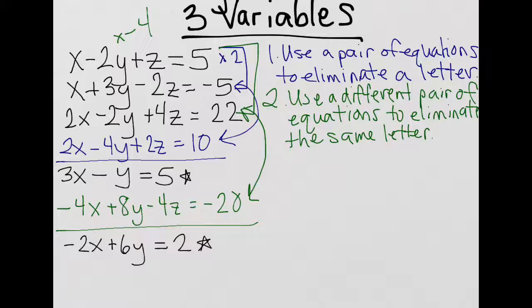So now, as you can see, we've got just these two equations, and it's now a system of two equations which we know how to solve. So our third step would be to solve the system of two equations.